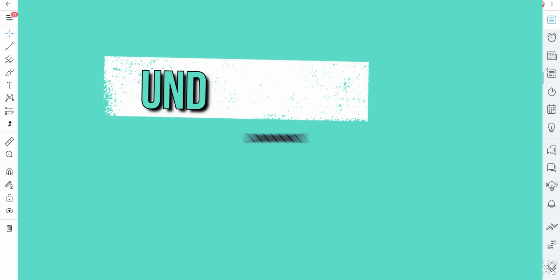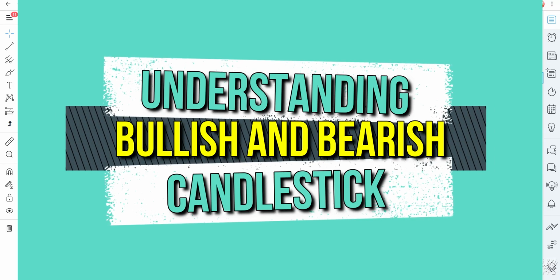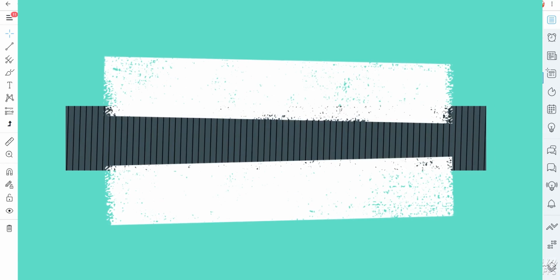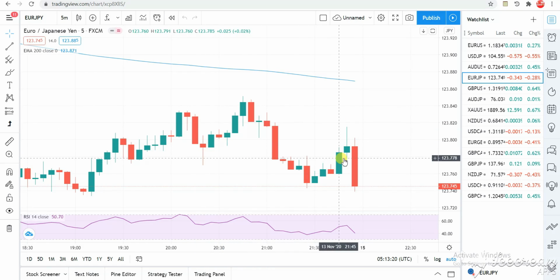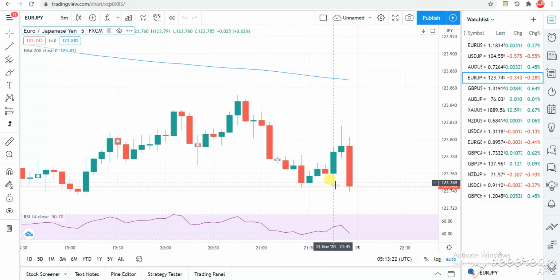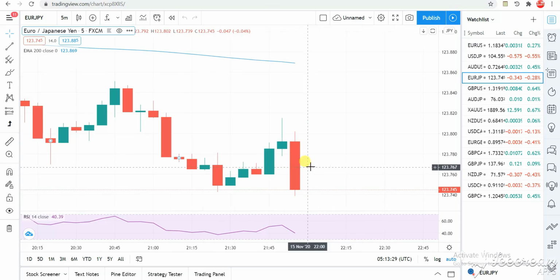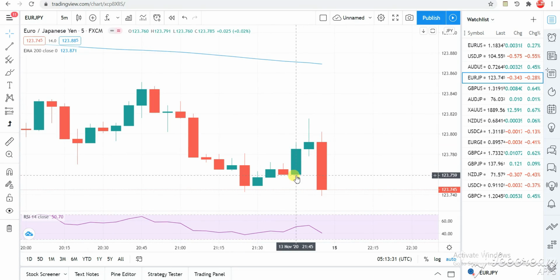So guys, let's understand what bearish and bullish candlestick means. I'll start with the bullish candlestick. The bullish candlestick is when the close of the candlestick is higher than the open. So this clearly means that, as you can see, this candlestick opened right at this point and closed right at this point.